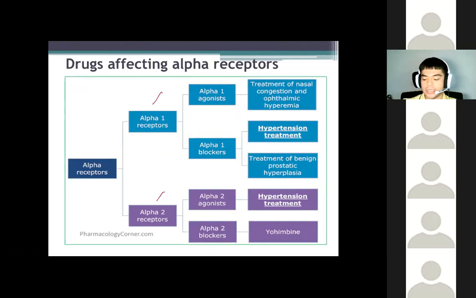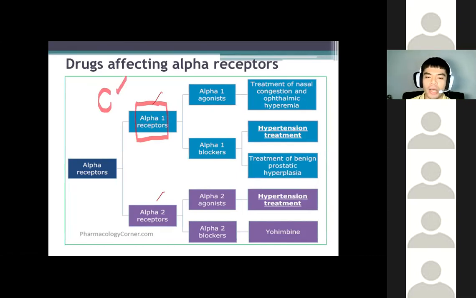Number one, sa alpha-1 receptors, ang effect ng alpha-1 ay contraction in general. Question, kung meron tayong gamot na mag-activate ng alpha-1, syempre yung gamot na pinepertain natin ay isang constrictor drug kasi ina-activate niya, sinusuportahan niya.